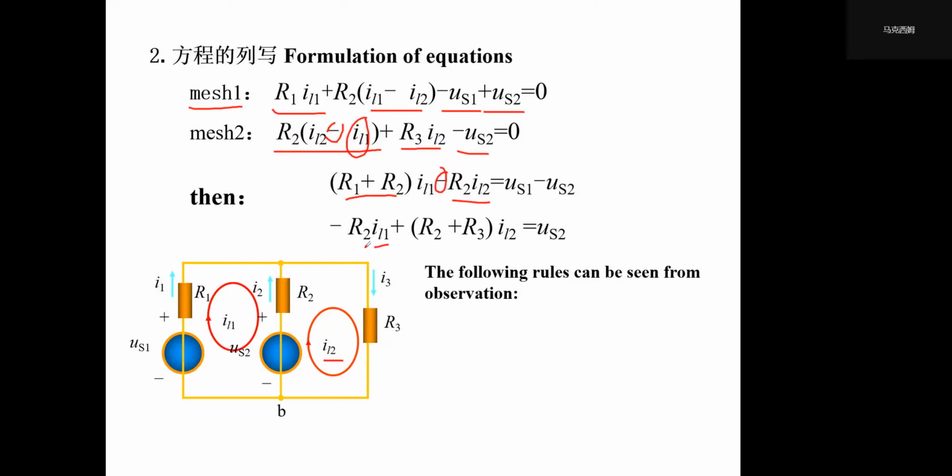IL1, since it's in the opposite direction of IL2, so for mesh 2, the IL1 part has a negative sign. And for IL2, we get a combination of R2 and R3 together. So you see that this is the voltage source in mesh 2, and those two are the voltage sources in the first mesh.